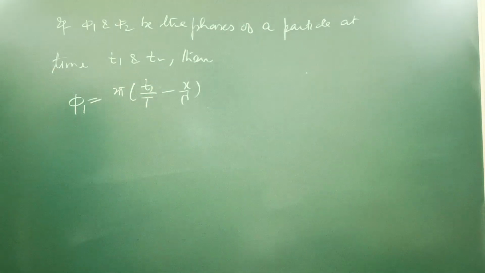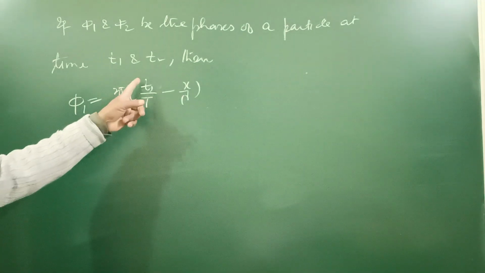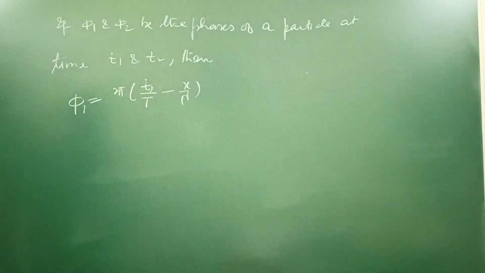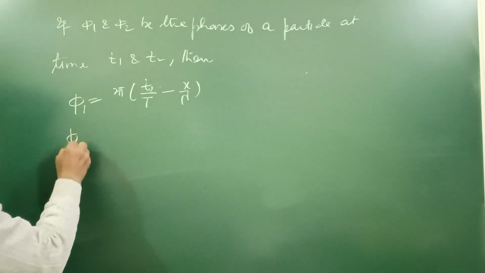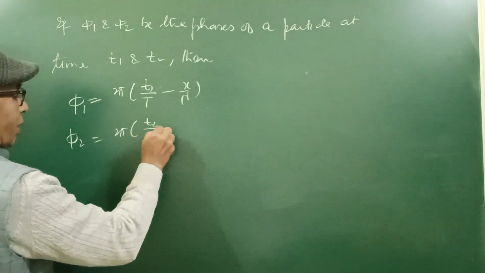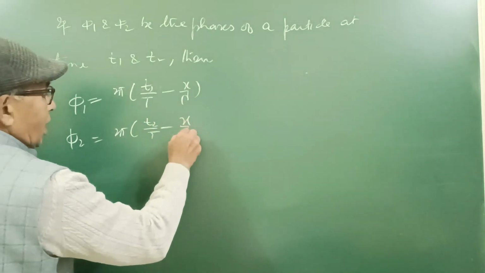I have found learners confused about these two times. This is the instant of time, and this is the time period. Phi2 equal to 2 pi, t2 upon capital T minus x upon lambda.